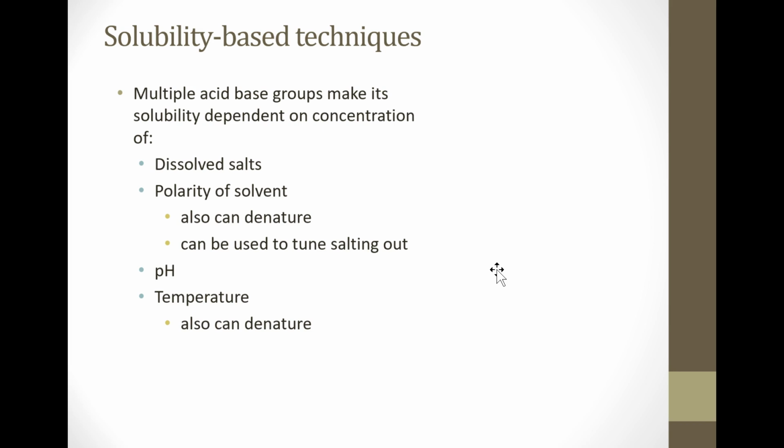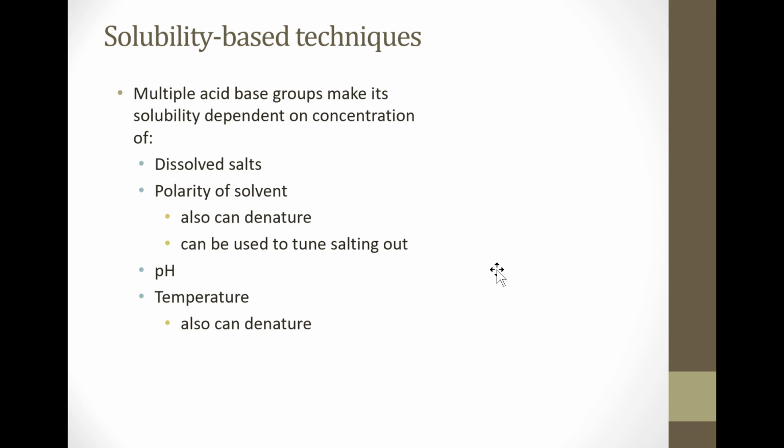So solubility-based techniques are where you get your biggest bang for buck in doing protein isolations. Multiple groups on proteins determine its relative degree of solubility based on the concentration of its environment.